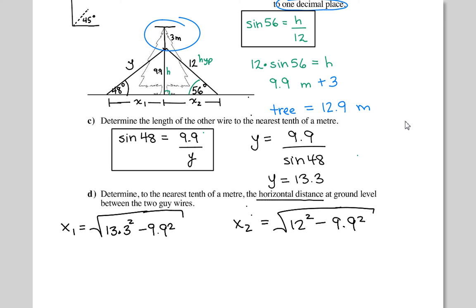Short side Pythagoras. That's how I introduced the lesson. One of the first things I showed. Pythagorean theorem, short side uses a subtraction. Studied in grade 9. Okay, so x1, I got 9.0.